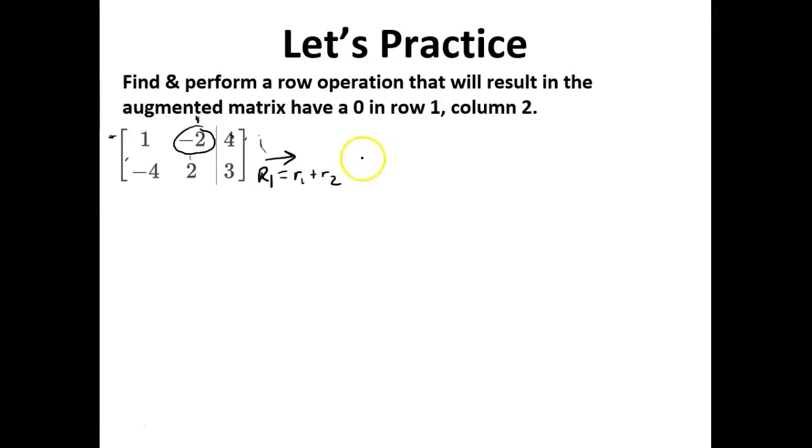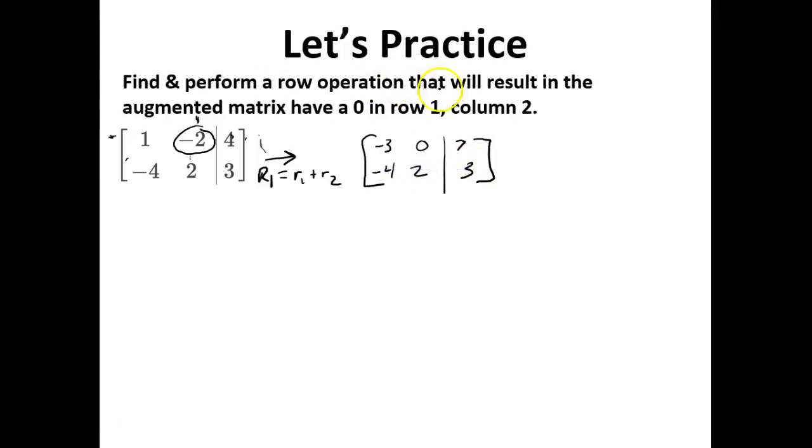Now if we did that, we have to add these two rows together, row 1 plus row 2. 1 plus -4 would be -3. -2 plus 2 is 0. 4 plus 3 is 7. And then the second row just stays the same.